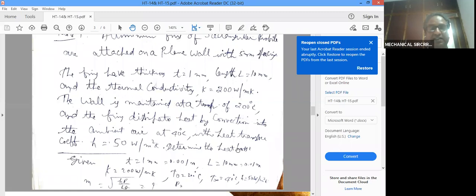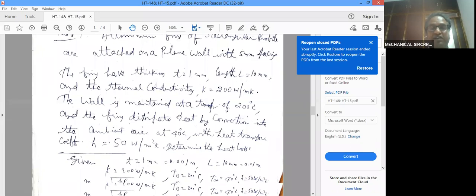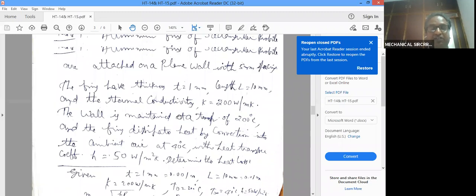So what you have to calculate is the heat loss Q. For an insulated fin, Q is equal to root(hPkA) into T naught minus T free stream into tanh mL. That equation is to be used.